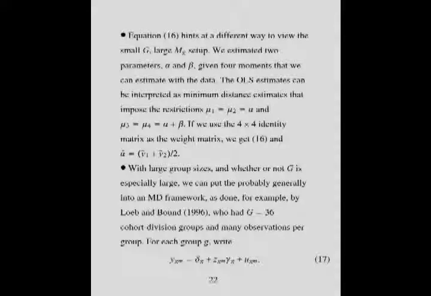Okay, another possibility then is essentially what happens in this example where you have 4 groups, but 2 are treatment and 2 are control, is that implicitly, in some ways, the restriction is being imposed that mu1 and mu2 are the same, and mu3 and mu4 are the same.